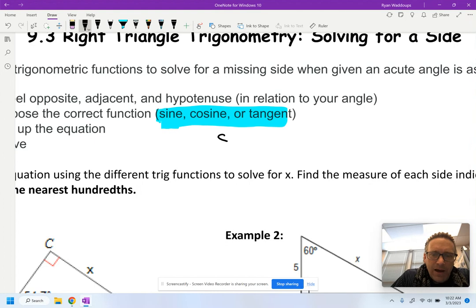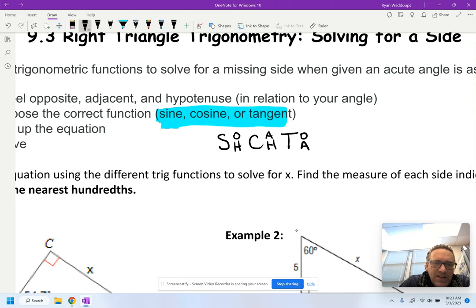But I would recommend that you write them out in this fashion: SOH, CAH, TOA, because that helps us remember that the sine is the opposite leg over the hypotenuse. The cosine is the adjacent leg over the hypotenuse, and the tangent is the opposite leg over the adjacent leg.